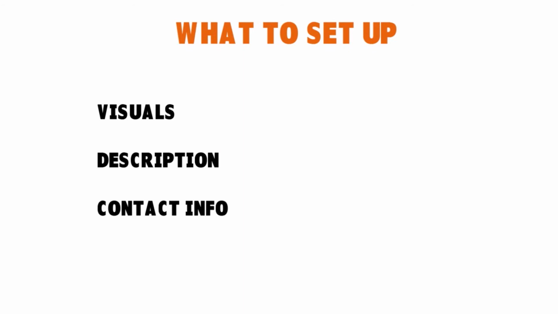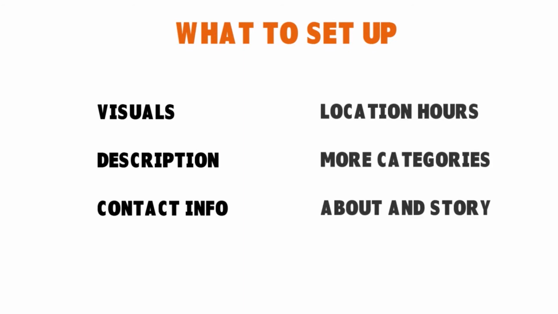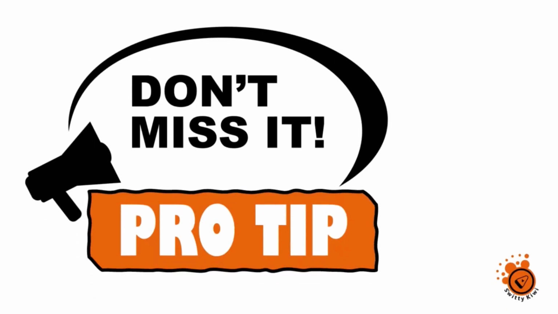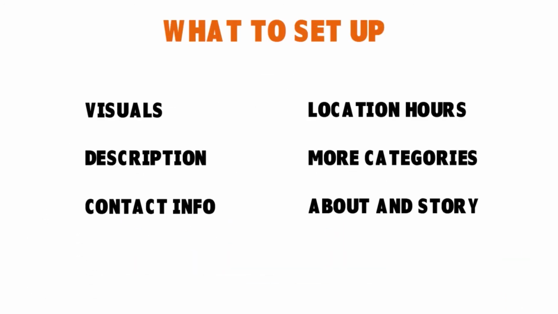Your contact info: you want to add a phone number, a website, and an email address. People who visit your page can access this information to get in touch with you. Location and hours: if your business or organization has a physical location, you want to add an address and business hours so that people know where and when to visit you. There are more categories if you want to specify this on your company's page.